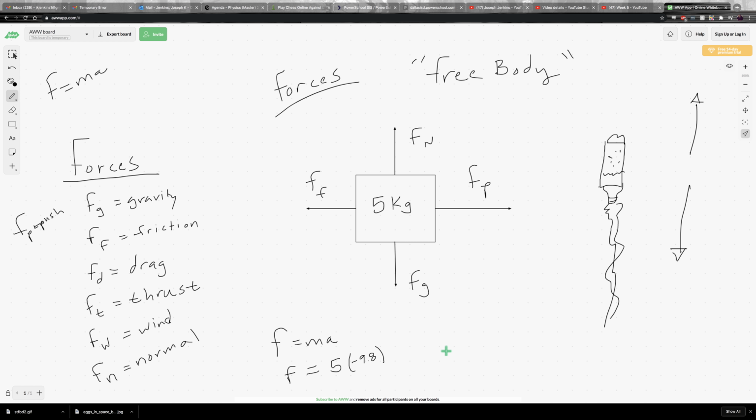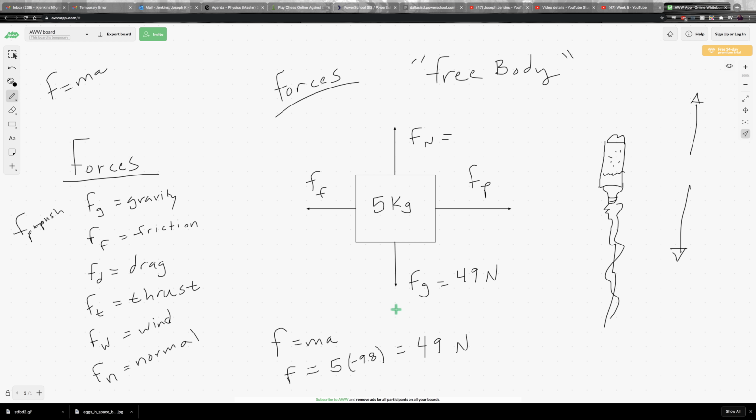So 5 times 9.8 is equal to 49, almost 50. So that's equal to 49 newtons. So the force of gravity is 49 newtons.